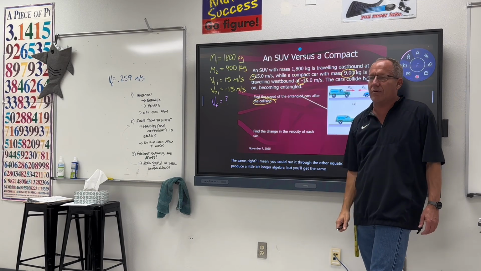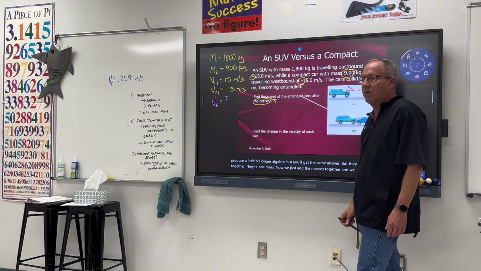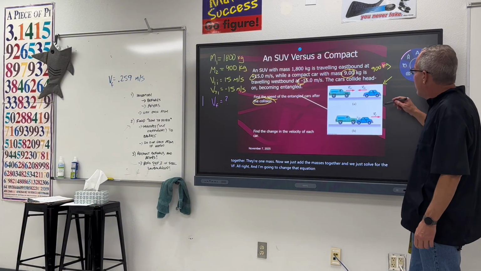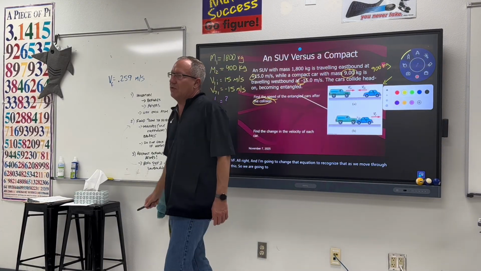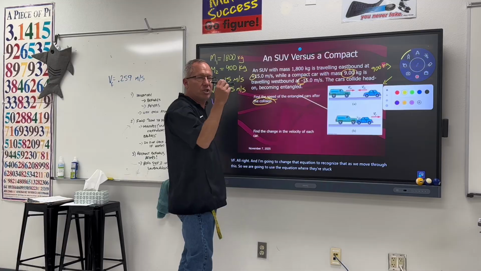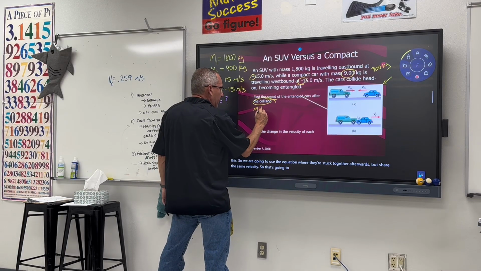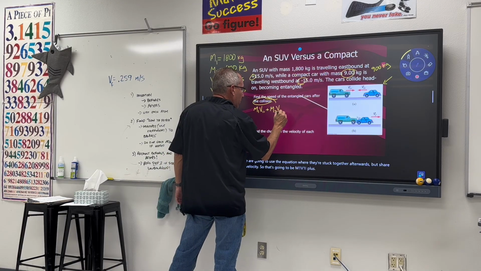They are stuck together, so they're one mass now. We just add the masses together and solve for VF. I'm going to change the equation to recognize that as we move through this. So we are going to use the equation where they're stuck together afterwards but share the same velocity. That's going to be M1V1I plus M2V2I.